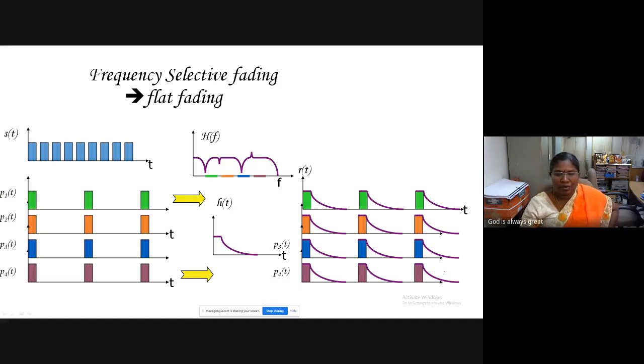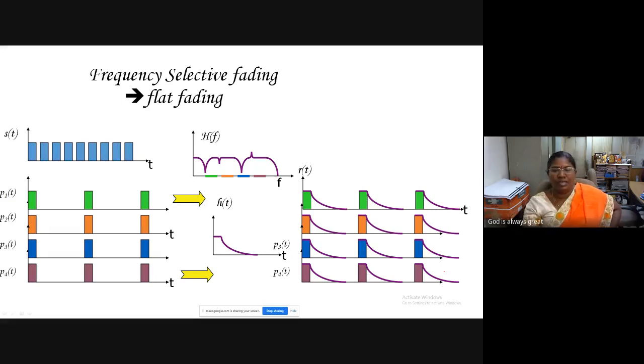By applying multi-carrier modulation to wireless transmission, you overcome the delay spread nature of the channel, and hence the channel behaves flat for every data stream being transmitted, and you get better bit error rates. So that's the main idea of going in for OFDM.